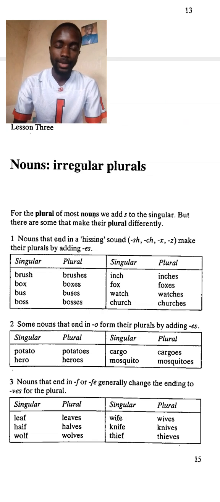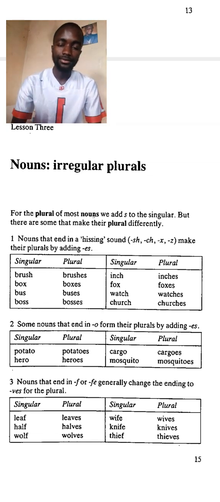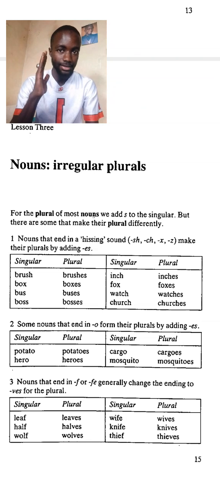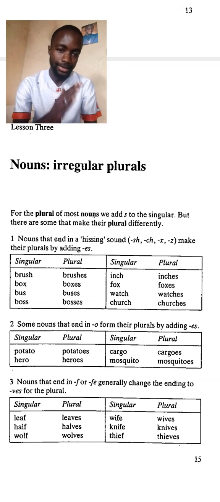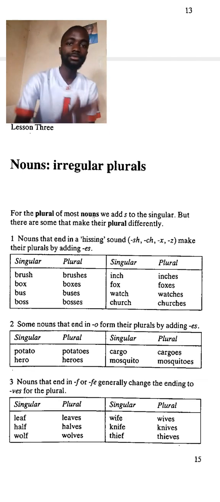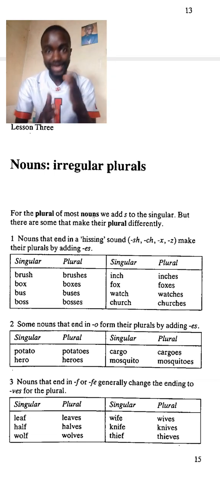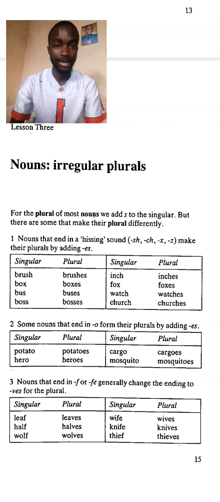Now in this case, we have 5 rules that we are going to learn under this. And these 5 rules, all of them defy the first one that we've learned. I guess you memorized that very well, and don't forget about it. That most of the nouns are made plural by adding an S to the singular. But here now, we are learning about irregular nouns, meaning they are not regular. They don't follow the pattern of adding S to the singular to make it what? Plural. I guess that is very clear.